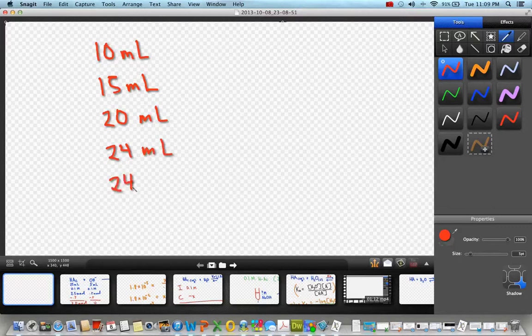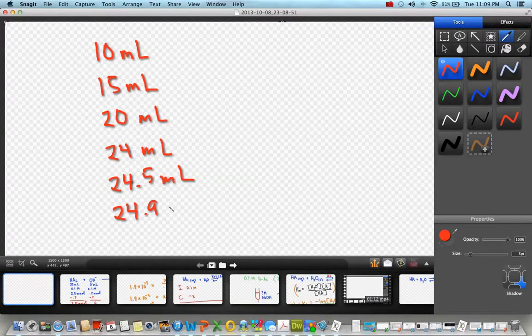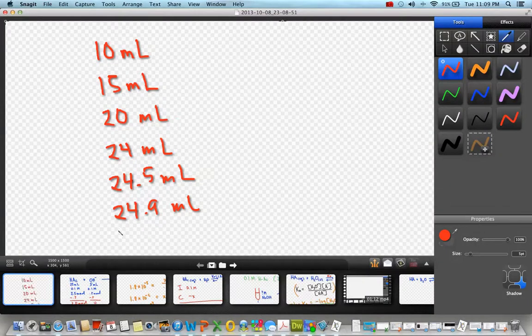Let's choose 24.5 milliliters of base. Let's choose 24.9 milliliters of base. Let's choose 24.99 milliliters of base.